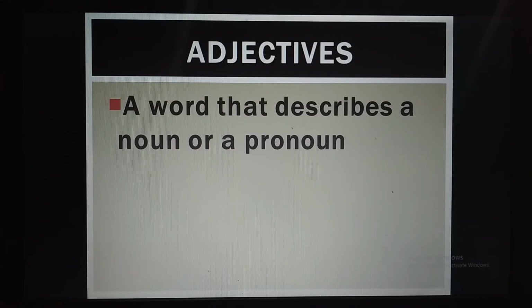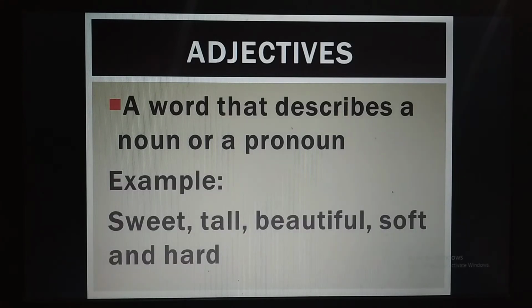A noun or a pronoun is the name referring to a person, an animal, a thing, a place, or an event. The word that describes it is called an adjective. Examples of adjectives are sweet, tall, beautiful, soft, and hard. Those are only some of the examples of adjectives.